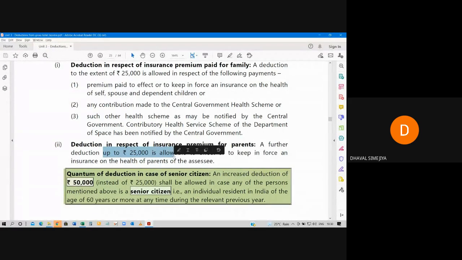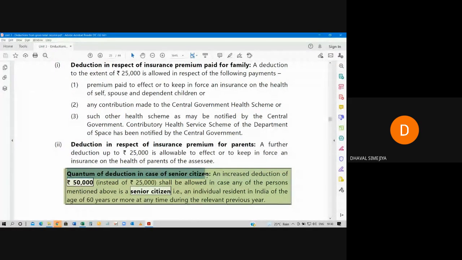Total 50,000. Now, further, quantum of deduction in respect of senior citizen. If Mr. X is a senior citizen, the limit will be increased to 50,000. Sir, earlier how much was it?